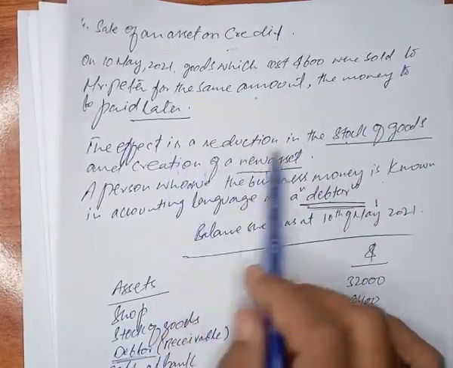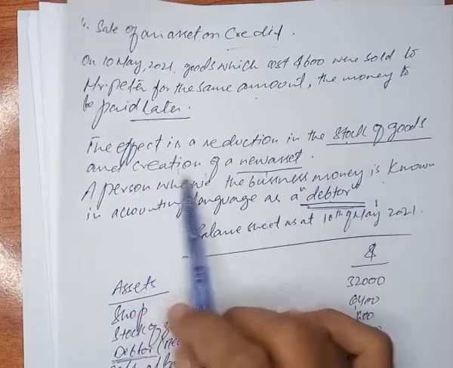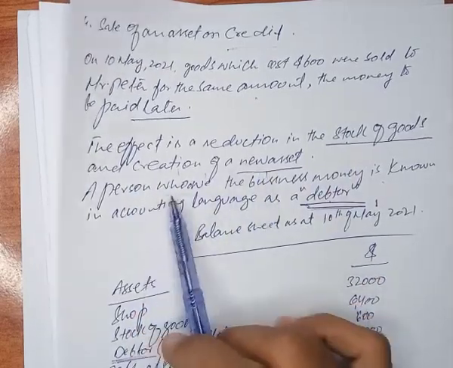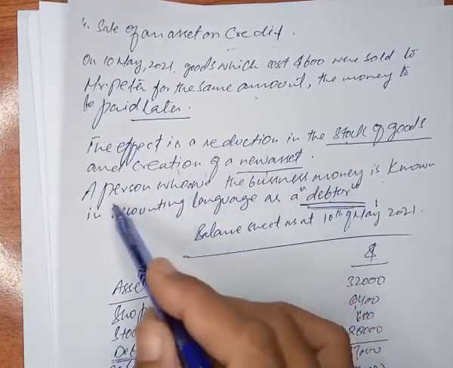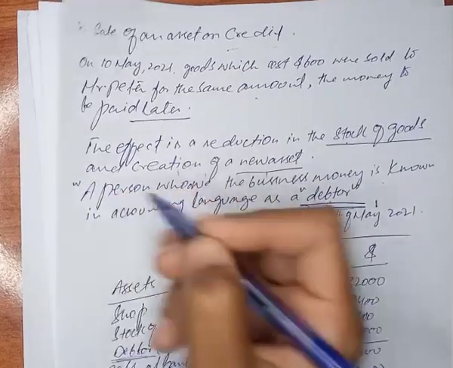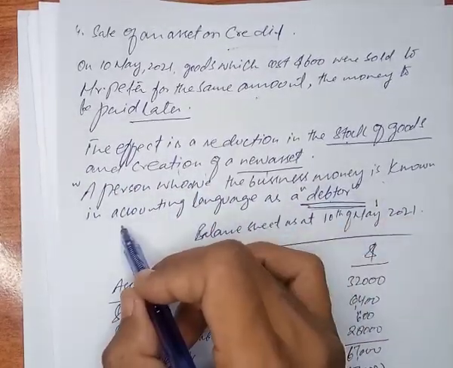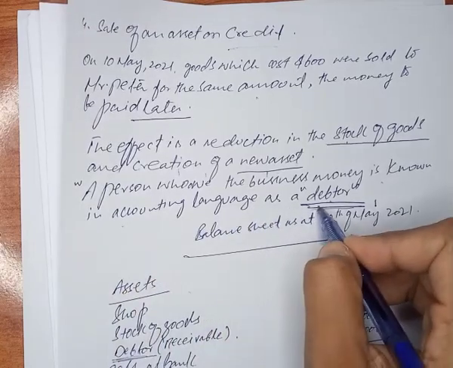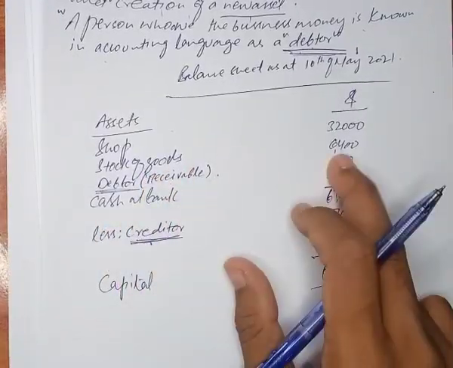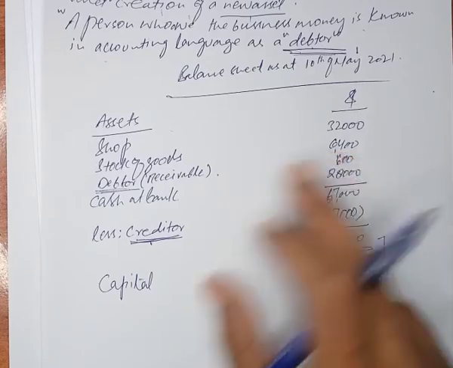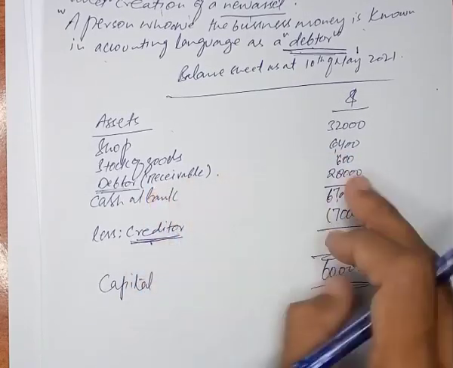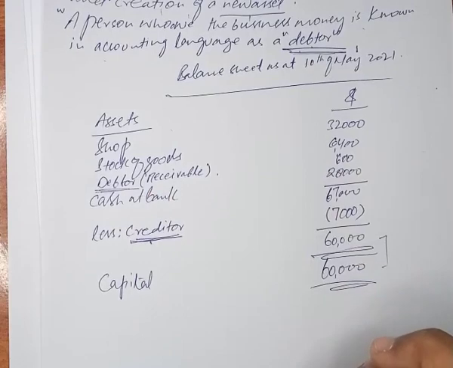The effect is a reduction in the stock of goods and creation of a new asset. A person who owes the business money is known in accounting language as a debtor. The effect of this is stock of goods reduced by $600 and debtor receivables increased by $600.